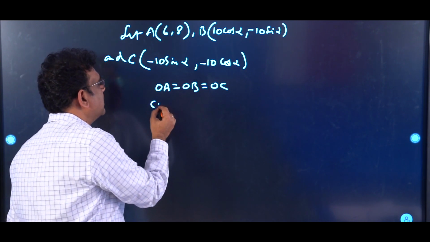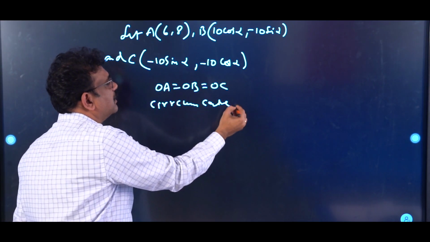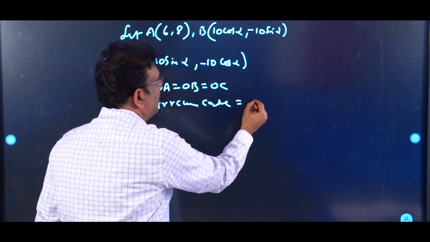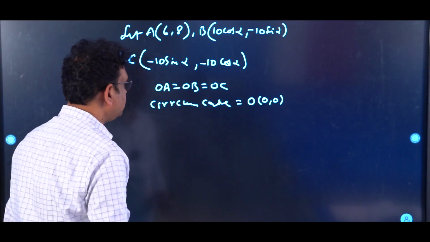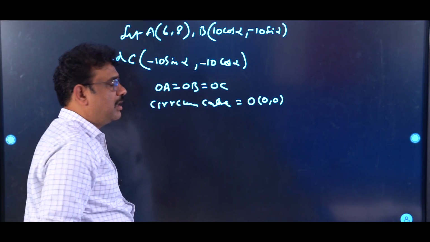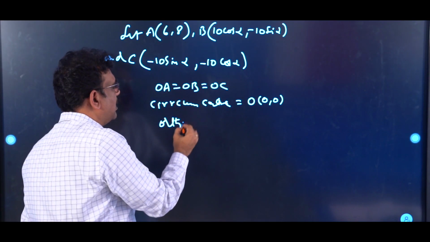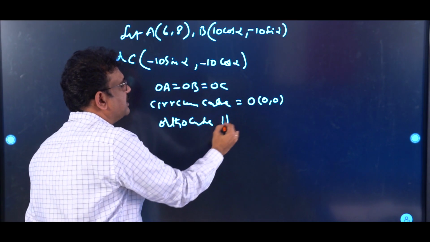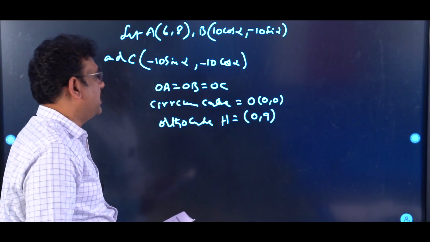So circumcenter is equal to origin (0, 0). Circumcenter is equal to (0, 0). Orthocenter H is equal given (0, 9).